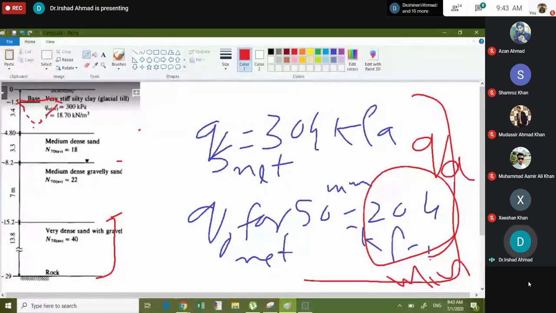The factor of safety would be equal to, if you apply 204 kPa of pressure, can anybody tell me what would be the factor of safety against shear failure?